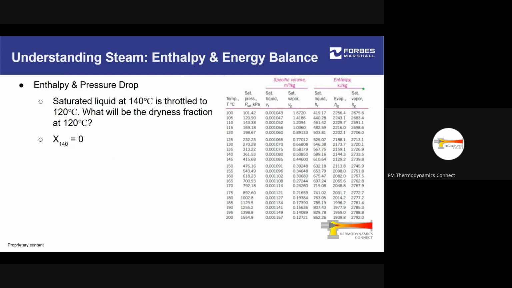But the dryness fraction is essentially zero because there is no steam associated with saturated liquid. It's just saturated liquid. So under this condition, you have a throttling process, which is essentially isenthalpic, which ensures that your inlet enthalpy and outlet enthalpy are the same.